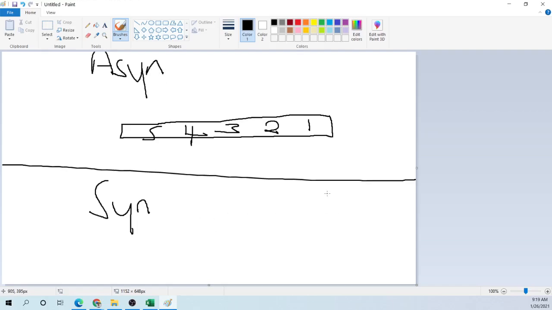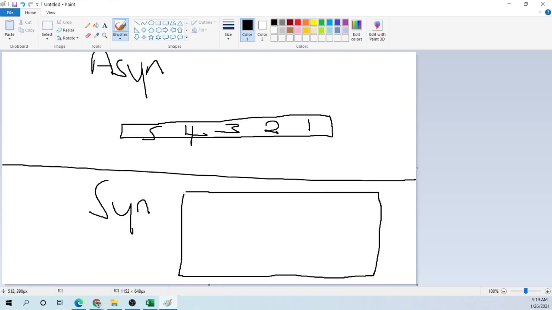So your computer will determine how many pieces of data it can send at the same time. So imagine this as the cable here. So we have 1, 2, 3, 4, and 5.